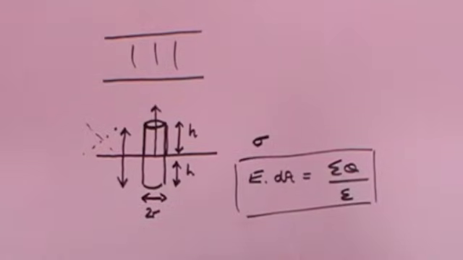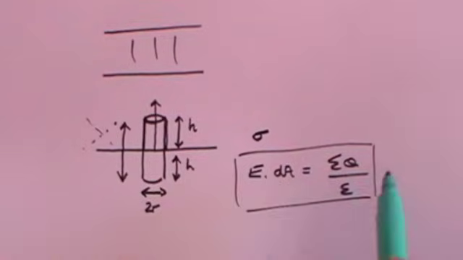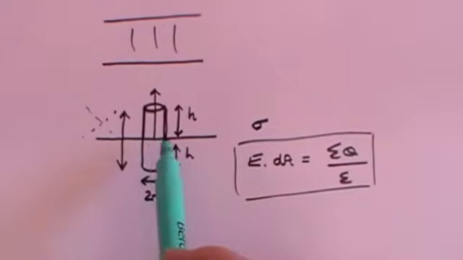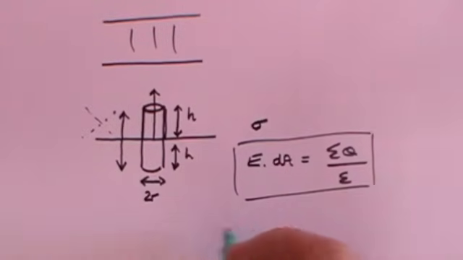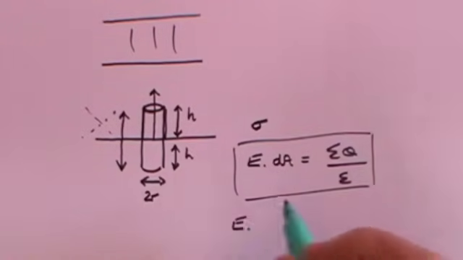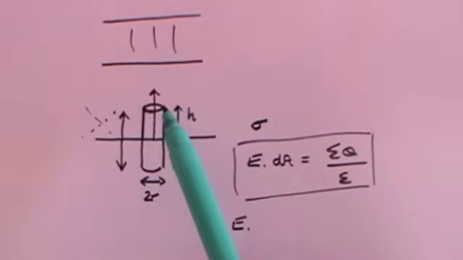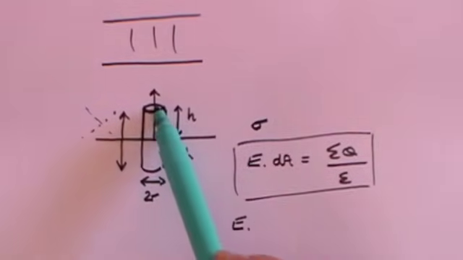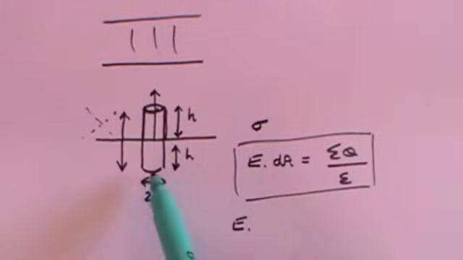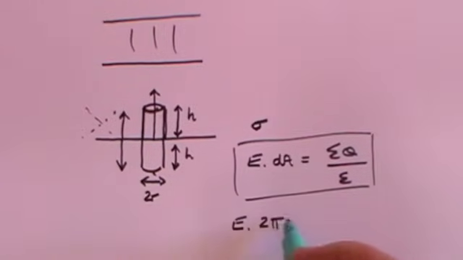So the flux that passes through, which is E dot dA, is going to be the total charge within this cylinder. And so now you've got E times dA, and there are two areas that the flux will go out from: the area at the top of the cylinder and the area at the bottom. Each of them is pi r squared, and so the total area is 2 pi r squared, top and bottom. That's E dot dA.